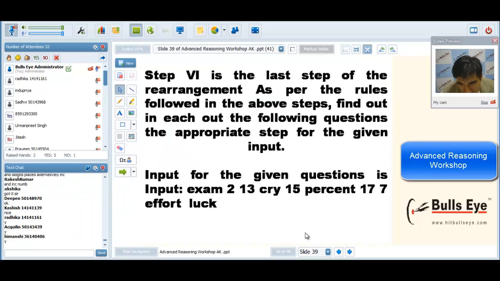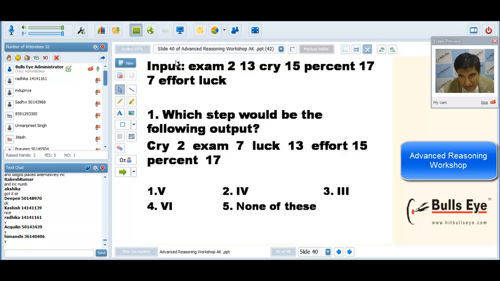So we have an input in the same pattern: exam, 2, 13, cry, 15%, 17, 7, effort and luck. Now according to this input, the question asked is, which step would be the following output?